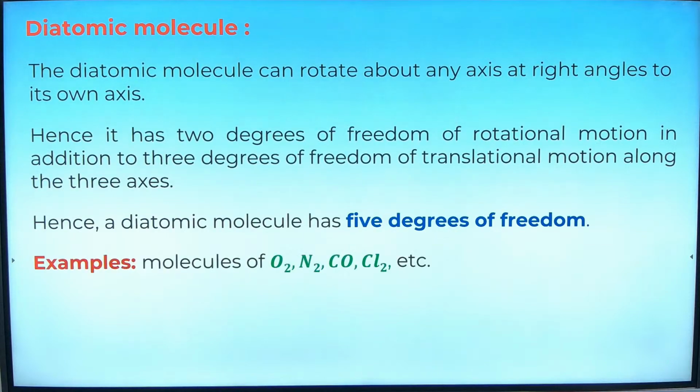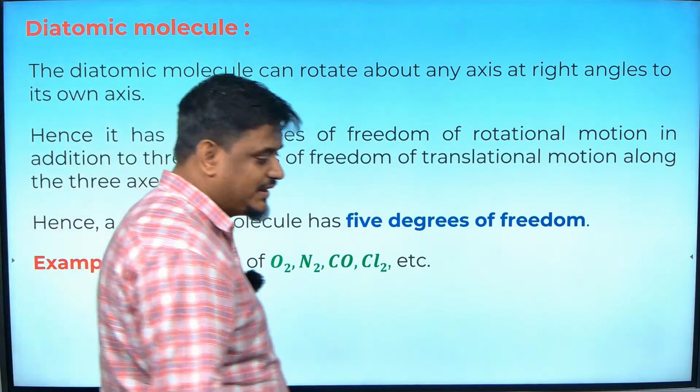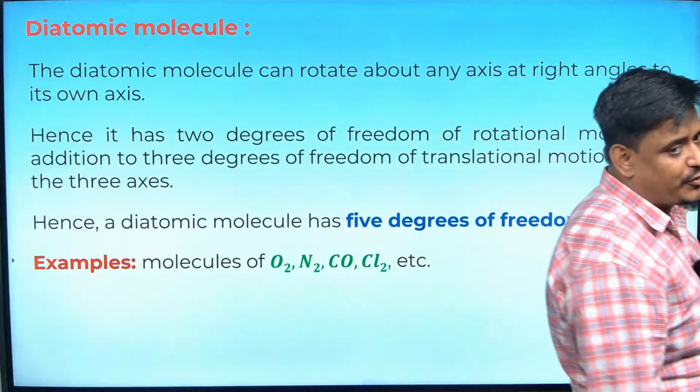See here. A diatomic molecule can rotate about any axis at right angles to its own axis. Hence, it has 2 degrees of freedom of rotational motion, in addition to 3 degrees of freedom of translatory motion. Are you getting my point? It has 3 translatory, 2 rotational, and that makes it 5 degrees of freedom. Examples are given: oxygen, nitrogen, Cl2 and so on. So the degree of freedom of a diatomic gas is 5.